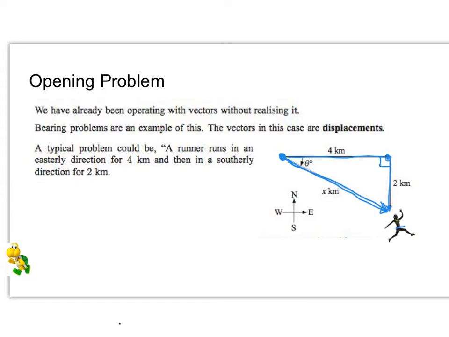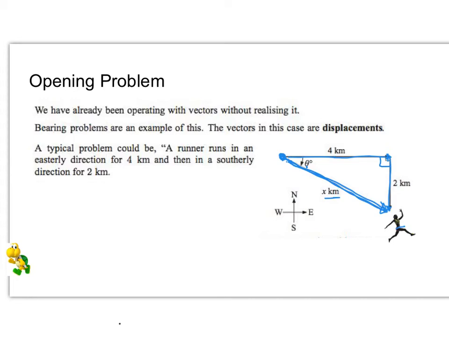And I have my angle here, I have the adjacent, and I have the opposite side, and I can also find this hypotenuse if I use the Pythagorean theorem. So why don't we do that first? Let's find out the actual displacement, the actual distance I am from my starting point.